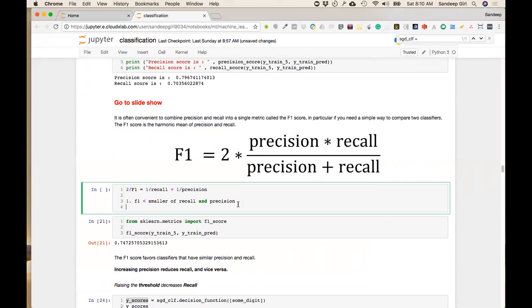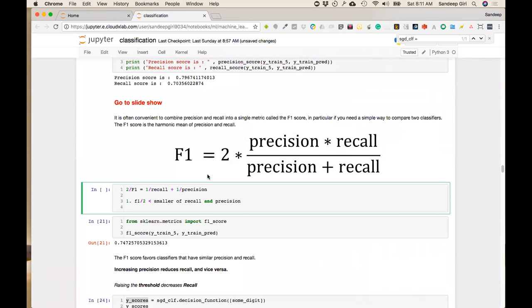Is this true? All right, yes. F1 by 2 will be smaller than both the values.